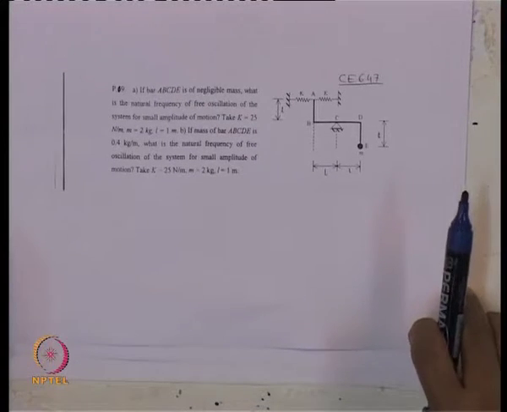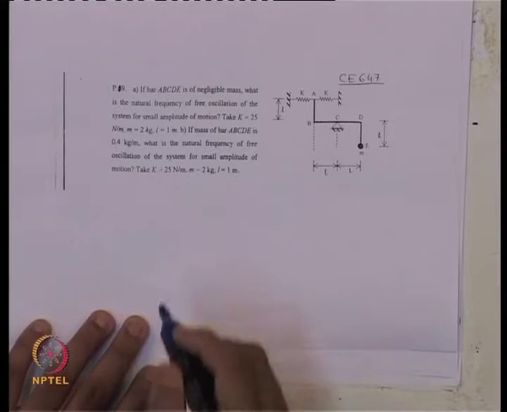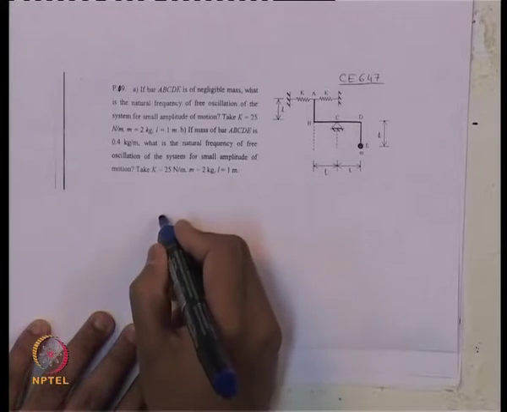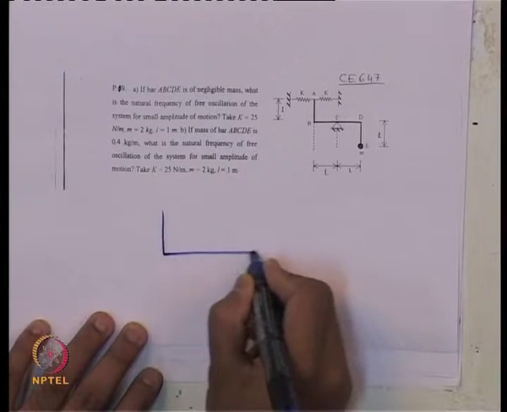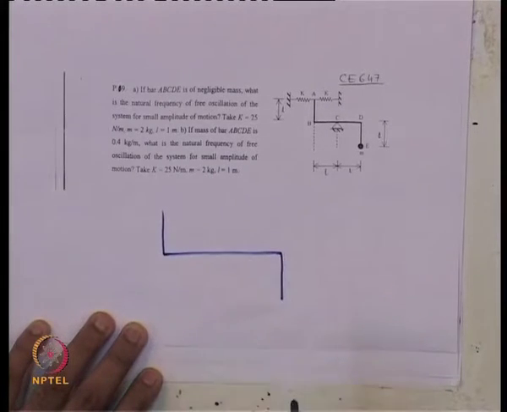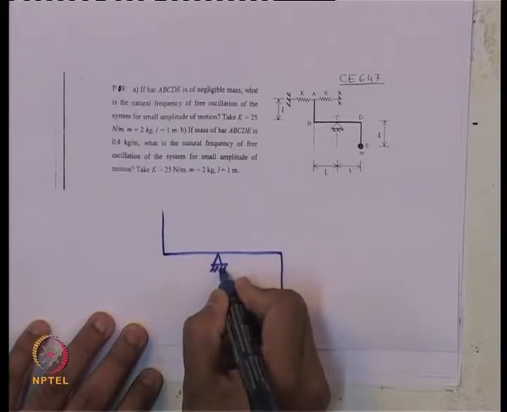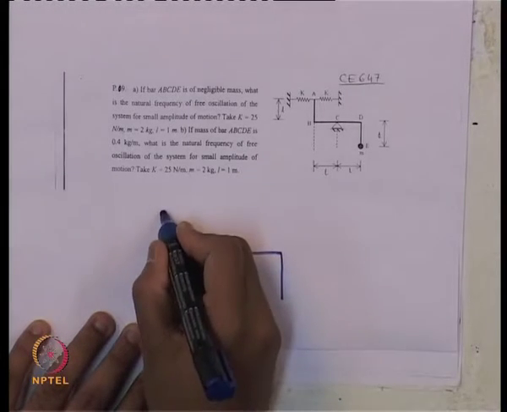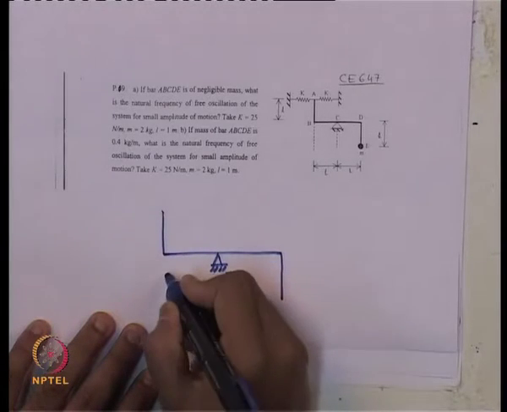Let us see how we can solve this one. To do that, first we need to draw the free body diagram. Let us draw the free body diagram of this problem for a small angular rotation. That is what it is mentioned, that for a small angular rotation, we have to derive the equation of motion.